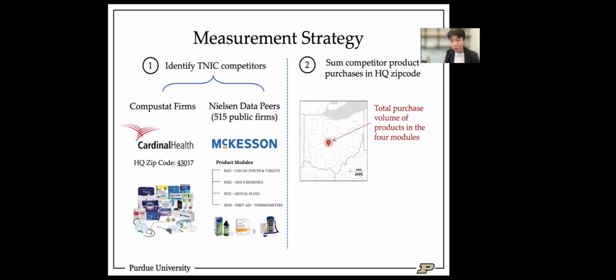And then what do we do? We're going to sum up the product purchases that happen in that headquarters regarding those specific product modules that are being sold by these competitors. So we're going to sum up the total purchasing volume of the products in those 4 modules to understand whether this is a large or small amount of purchases.